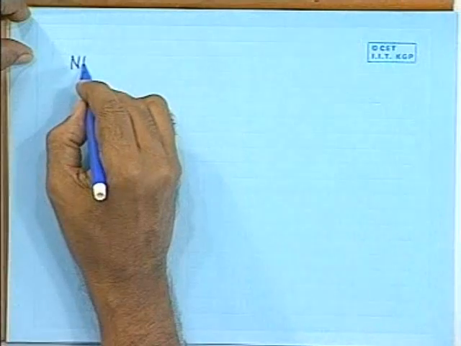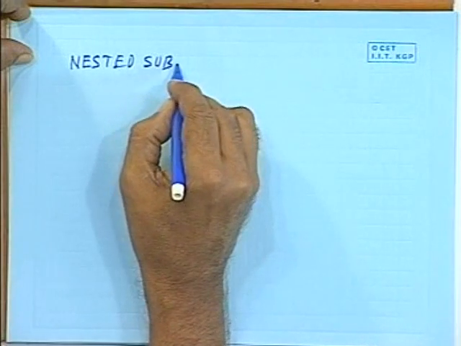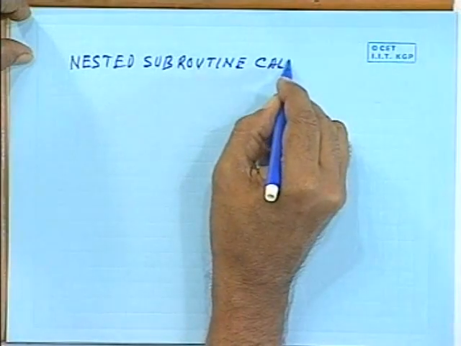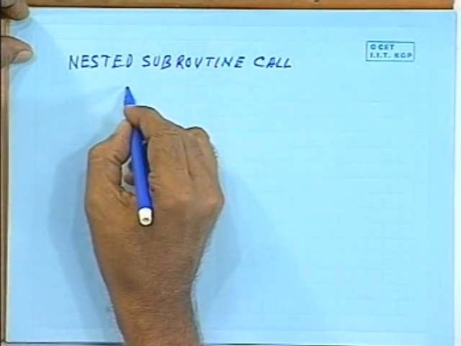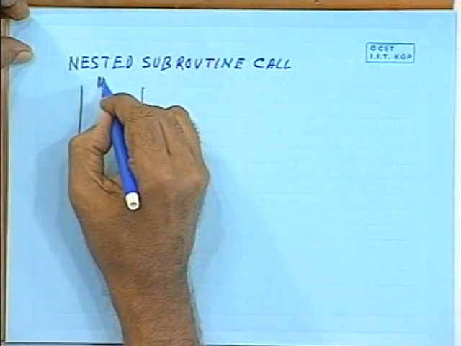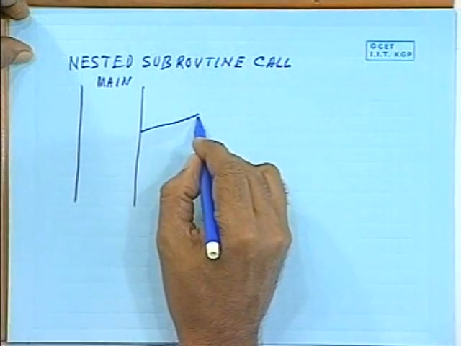Now, I mentioned a subroutine, the nested subroutine calls. If you remember, we have discussed it while discussing the subroutine instructions. For example, here is your main program, and suppose it is calling a subroutine.